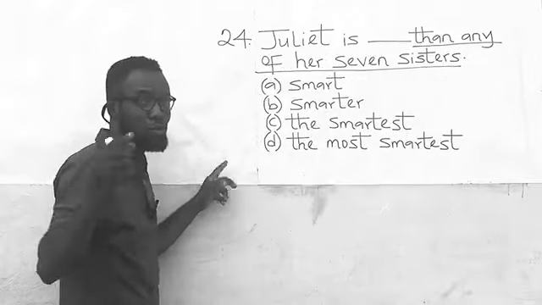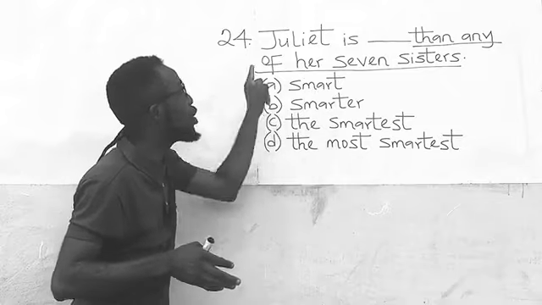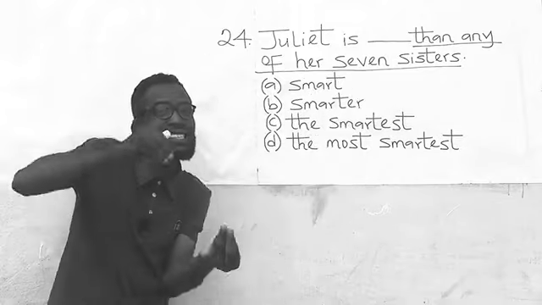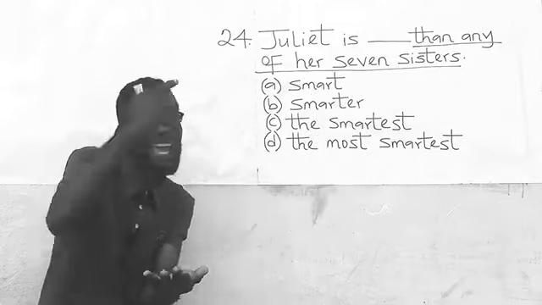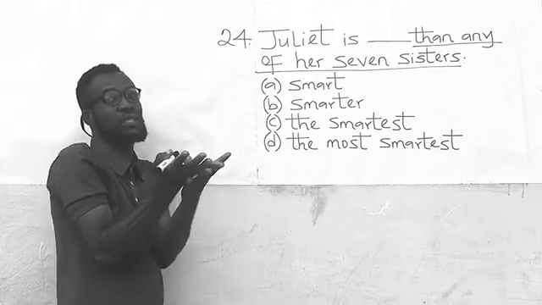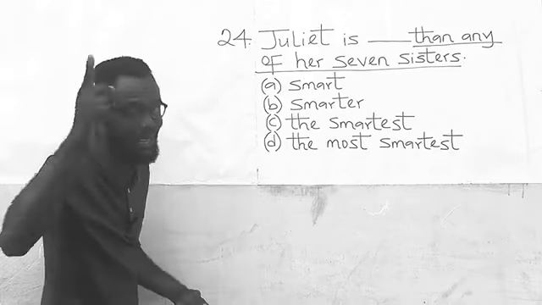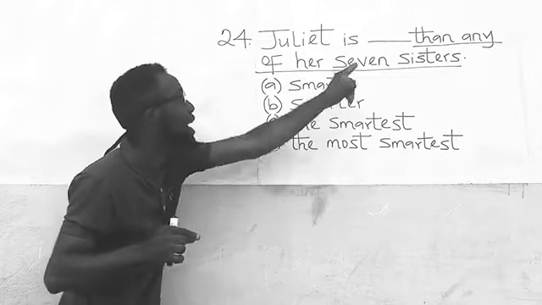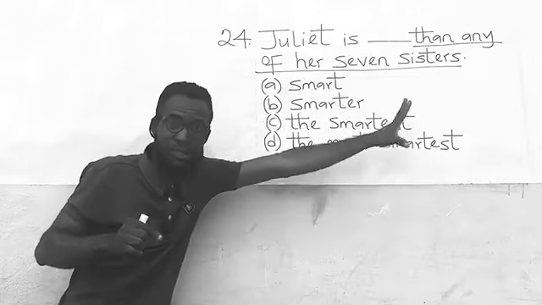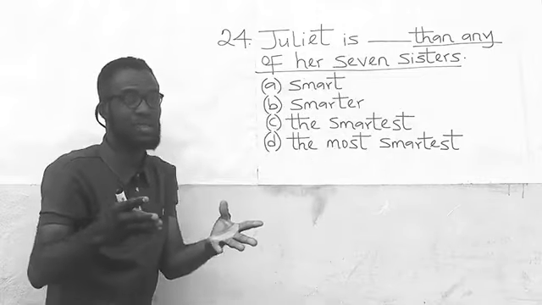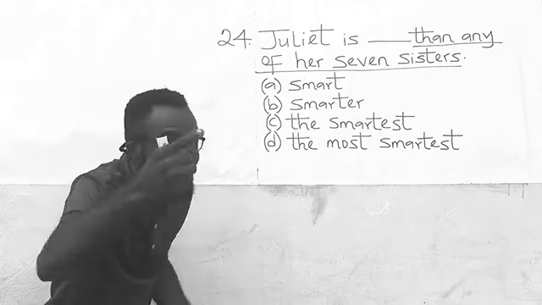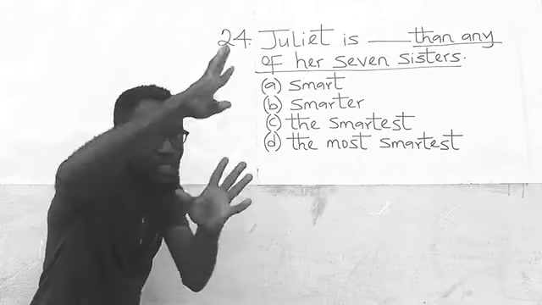In case you don't know, the phrase than any of our 7 sisters is the same as than any one of our 7 sisters.